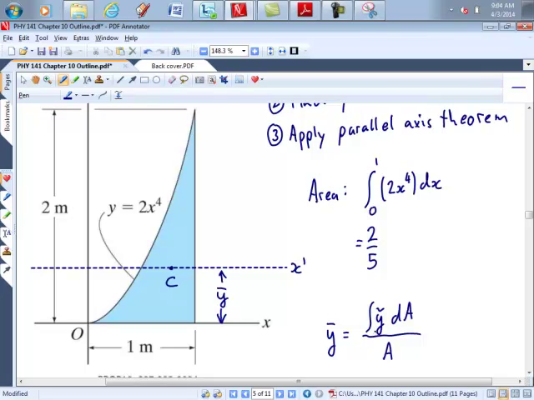Again, it's probably not that much different either way, but if we're integrating with respect to x, then we need to find, again, the y tilde for each one of these rectangles.